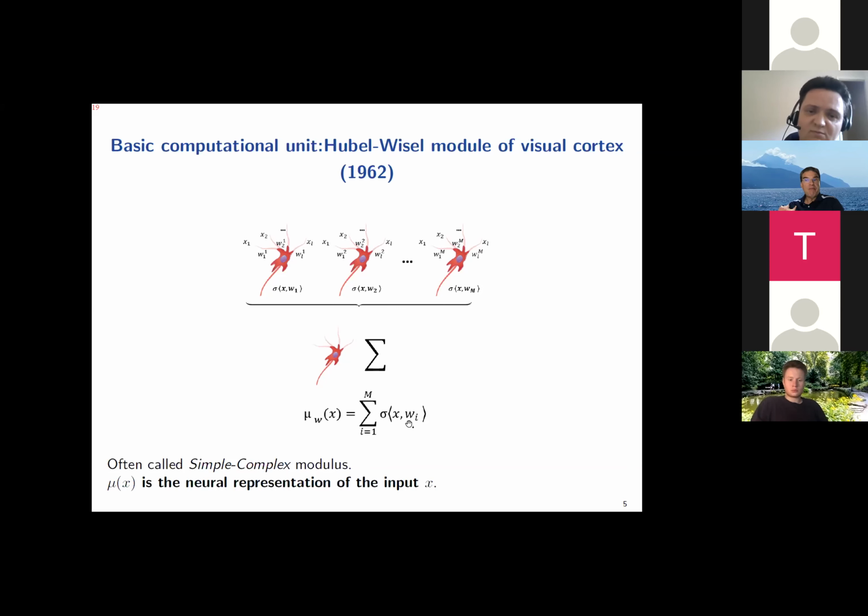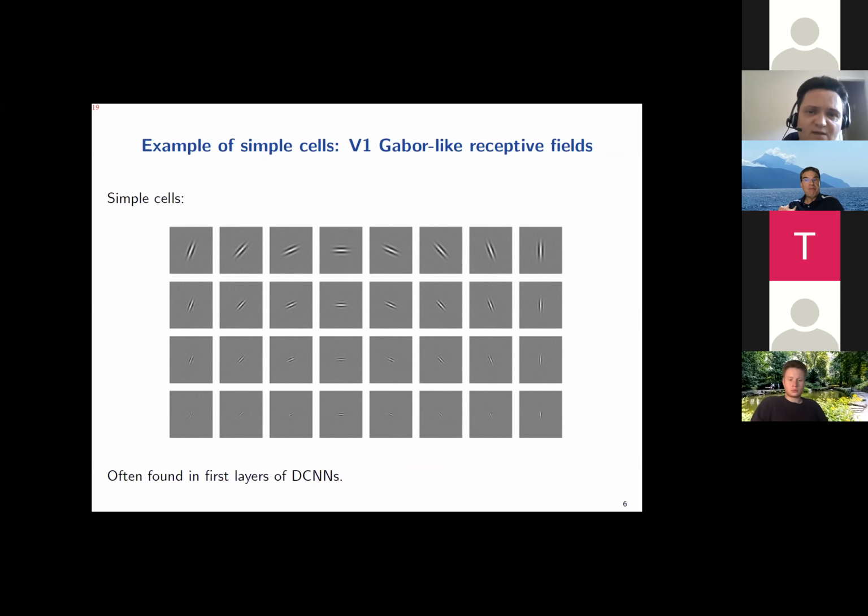Okay, but let's go and be more detailed. Just to give you a flavor of what a simple cell receptive field or weights can look like, think about Gabor-like receptive fields, okay? So those that are implementing a sort of wavelet transform. These are, by the way, often found on first layers of convolutional neural networks after training.